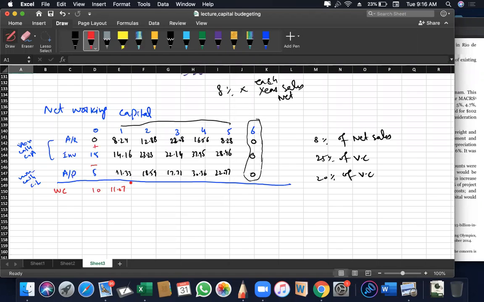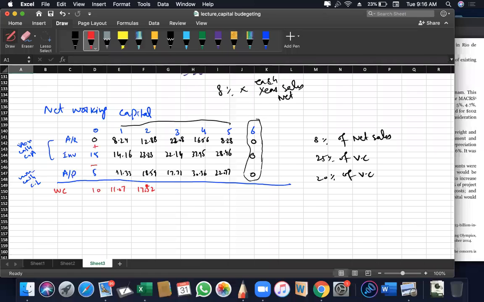Then 12.88 plus 23.23 minus 18.59, so we get 17.52.